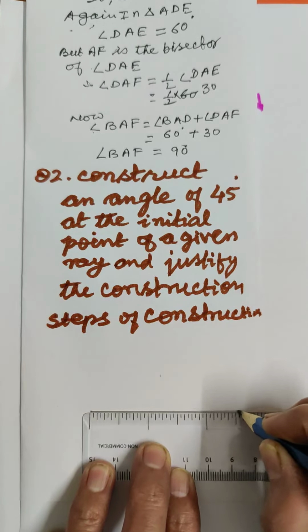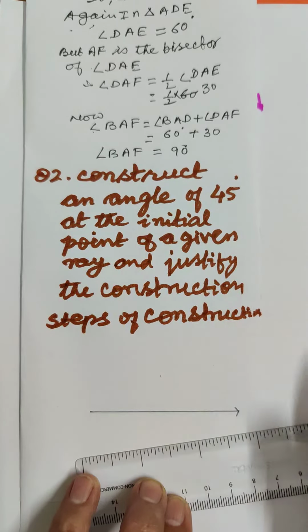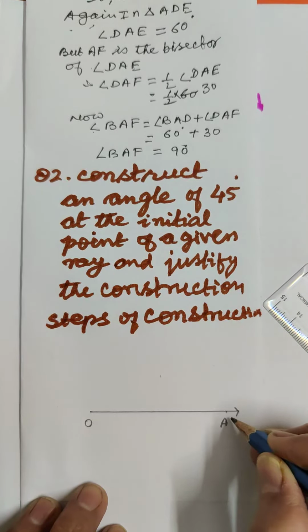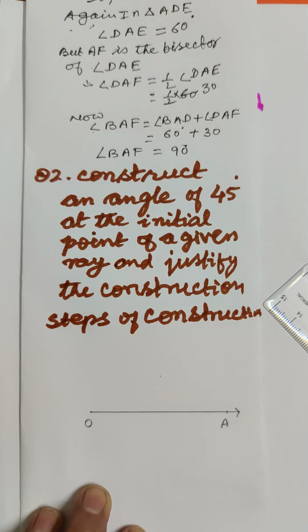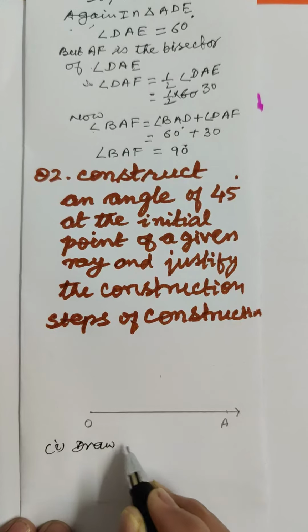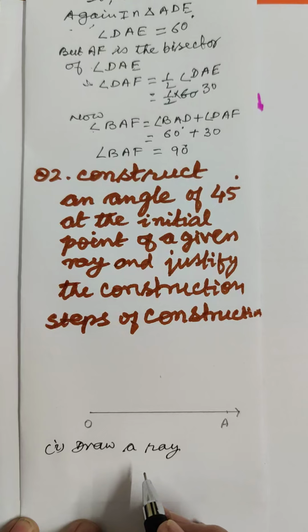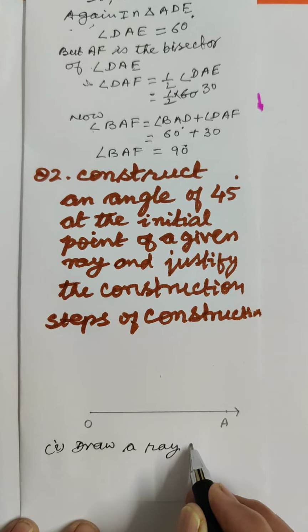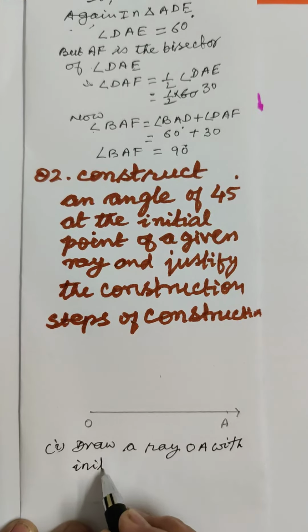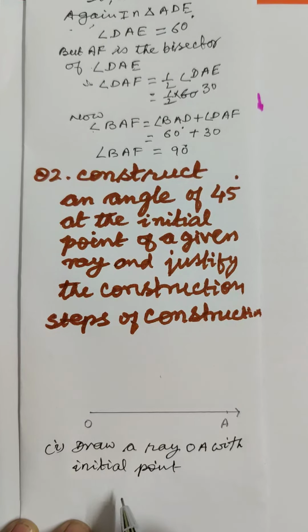Starting point is O, and a point on the ray is E. So we write first step. Draw a ray OA with initial point O. We have drawn.